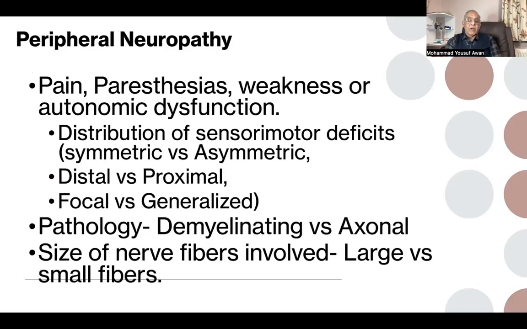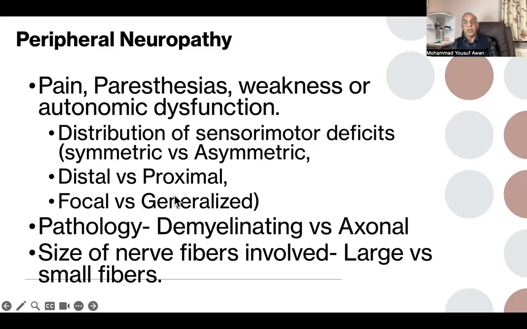So what happens in peripheral neuropathy? Pain, paresthesia, weakness, or autonomic dysfunction. Distribution of the sensory motor deficit is symmetric versus asymmetric, but usually is in both sides. The distribution may be distal or proximal, depending upon the cause of the peripheral neuropathy.